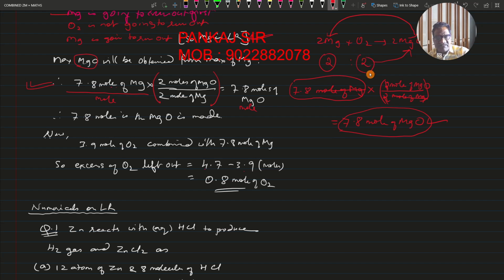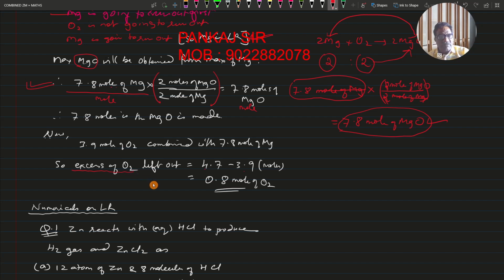Okay. So the answer to the question like what amount of this reactant will be left out. So first you have to decide which reactant will be left out. It will be the excess reactant. Excess reactant is oxygen.